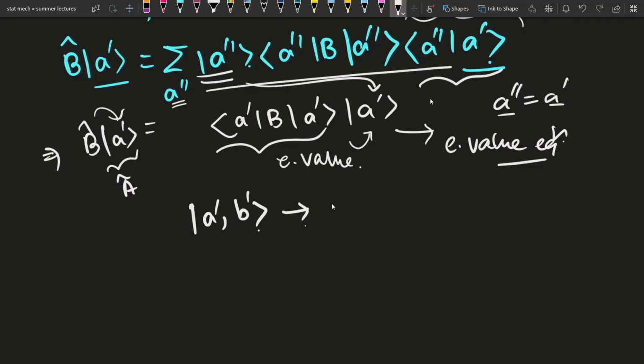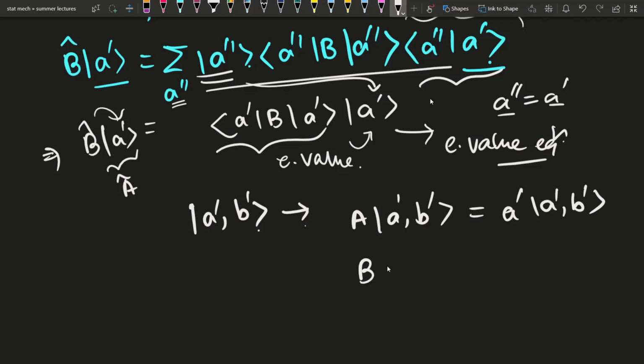Now what this means actually is that the A operator acting on this joint eigenstate will give the eigenvalue A prime, and when the B operator operates on this same eigenstate, it will give the eigenvalue B prime and the eigenstate back.